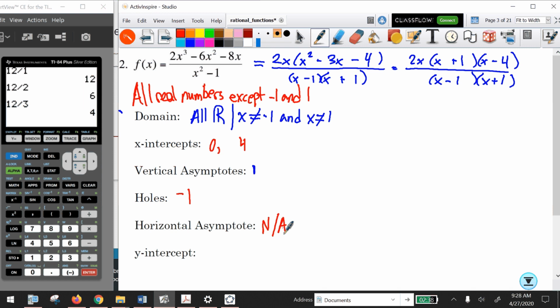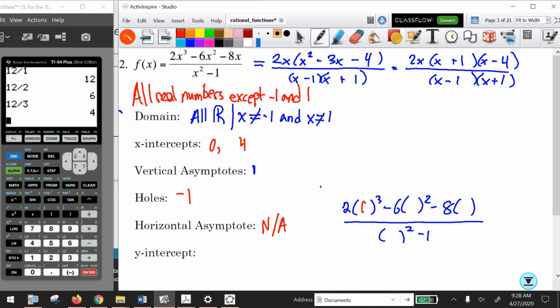The y-intercept, finally. We figure out where the rational function crosses the y-axis by replacing x with 0. Just going to replace my x with a 0.